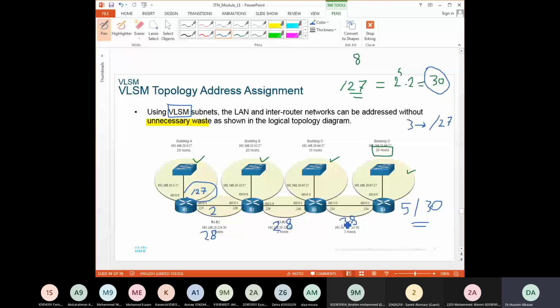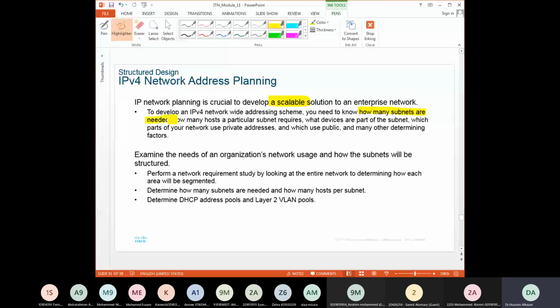how many subnets are needed and how many hosts a particular subnet requires. Also, what devices are a part of the subnets. Which part of your network uses private addresses and which part will use public addresses, and many other determining factors.